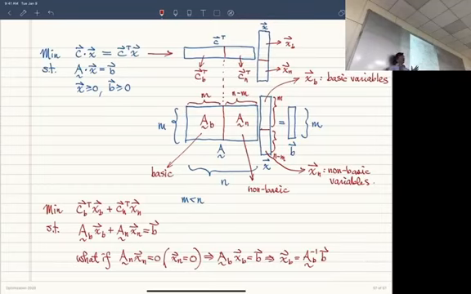So how many possibilities are there? We totally have n variables. So the possible combination is a combination of n variables, and we basically choose how many of them? M of them. The combination of n over m.